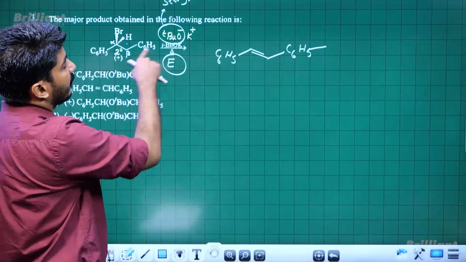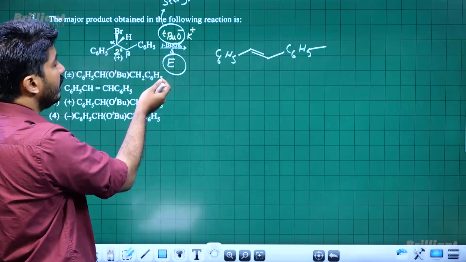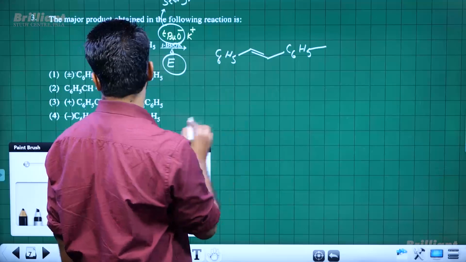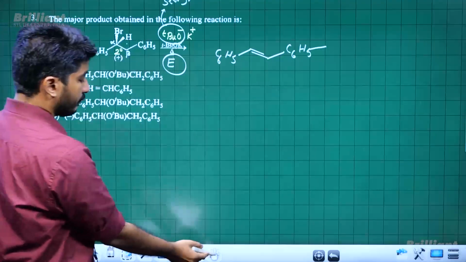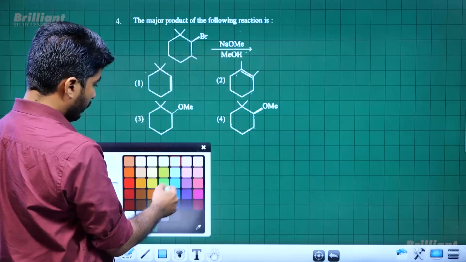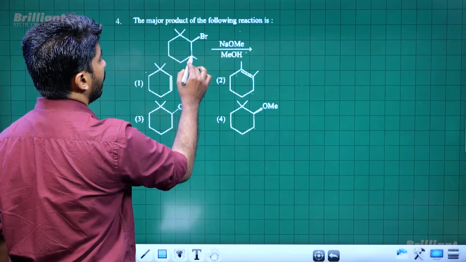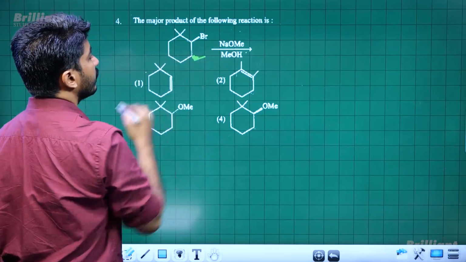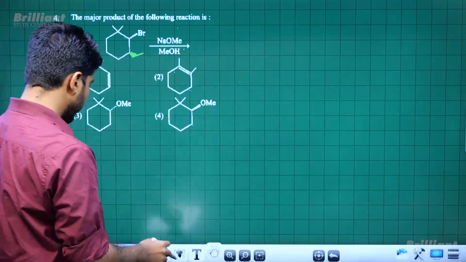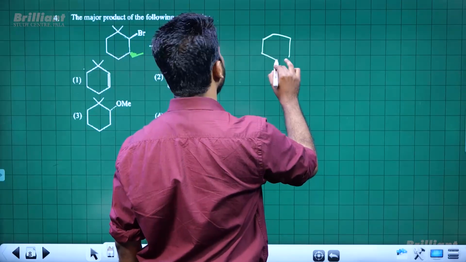Secondary it is, and it is a bulky nucleophile or base, and heating is also shown, therefore it is favoring elimination reaction. We get such a product, which is option 2. Next question, given with a haloalkane, this methyl group is not present, and NaOMe in methanol solvent. This is a reaction. Let me redraw it if there is less clarity for the image.